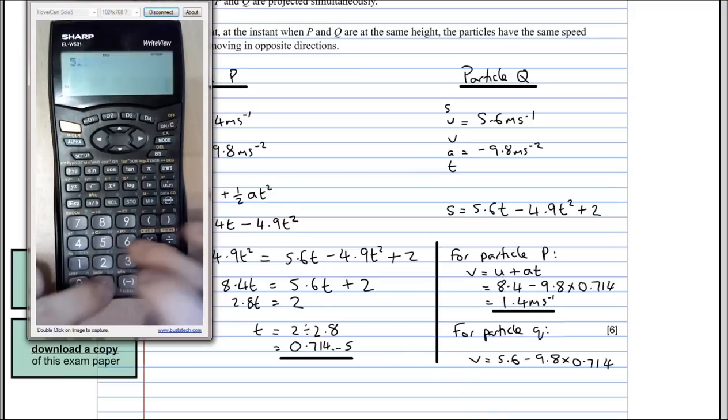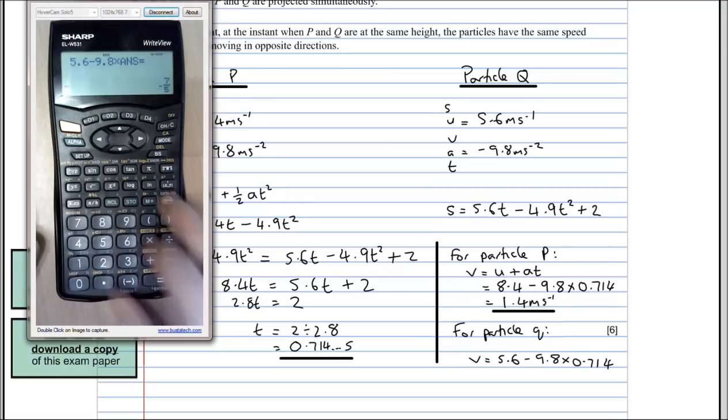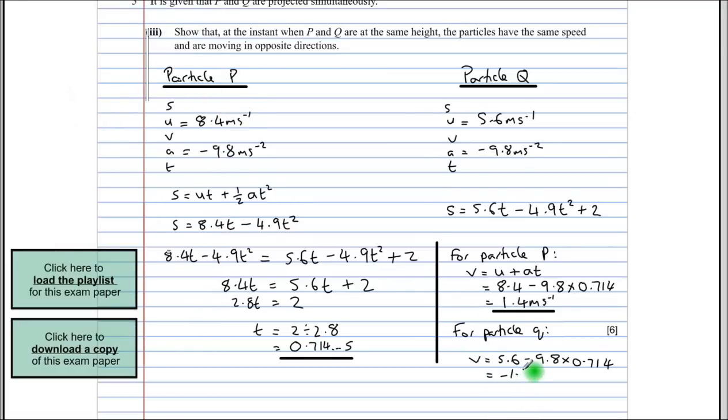So we're going to do 5.6 minus 9.8 multiplied by that 5 over 7, and if we look there, it gives us minus 1.4. So the fact that for particle P, V is 1.4, and for Q it's minus 1.4, that confirms what the question has asked us to do.